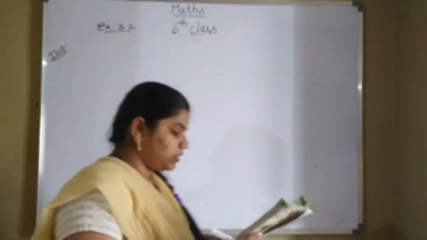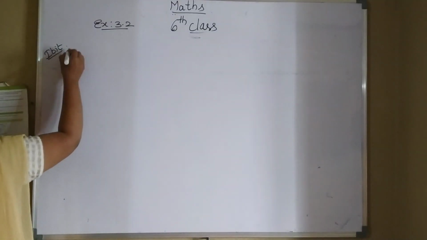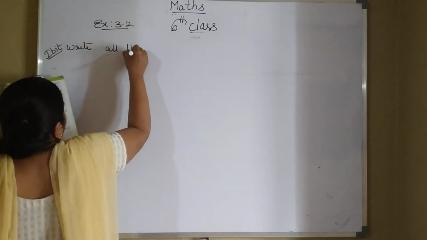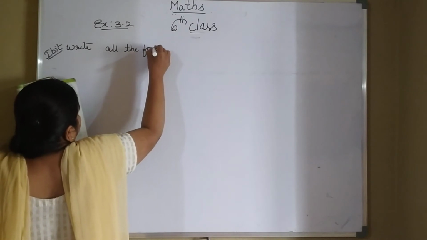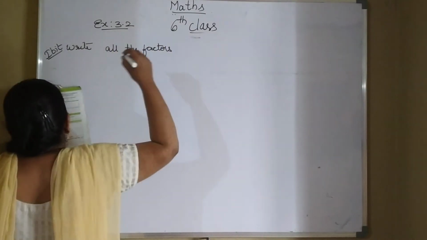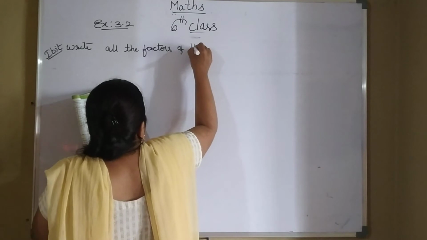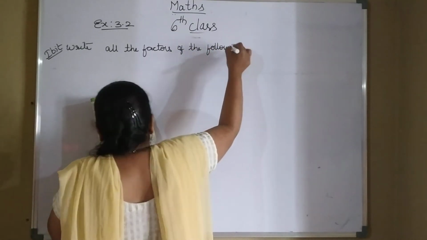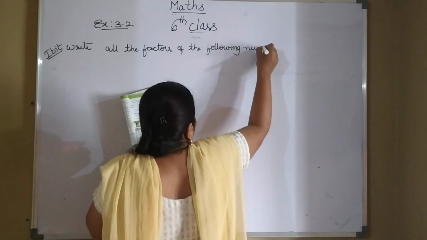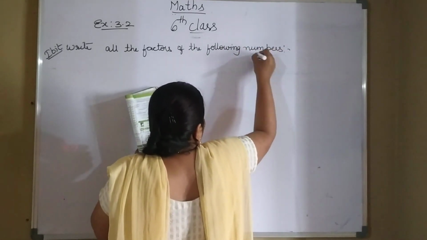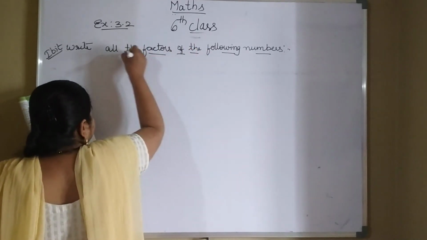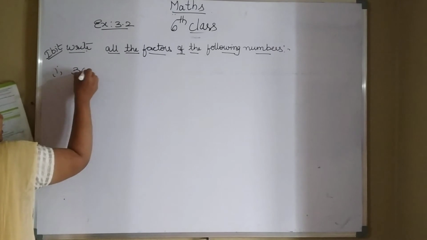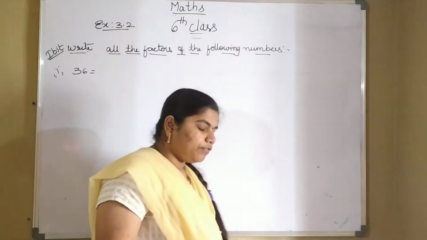You have to write the factors here. So first one is 36. We have to write the factors of 36.